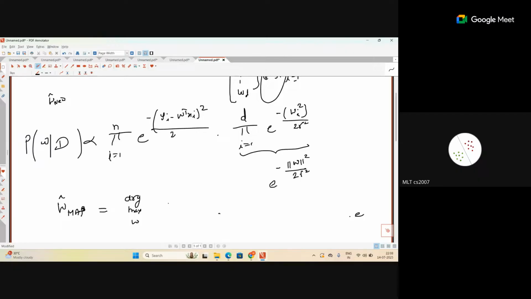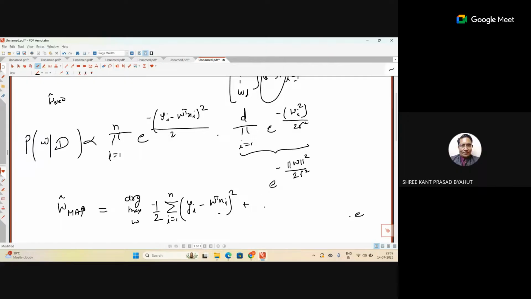This product will become minus half, sum of i equal to 1 to n, of yi minus w transpose xi, squared. Until now I didn't do that minimization.